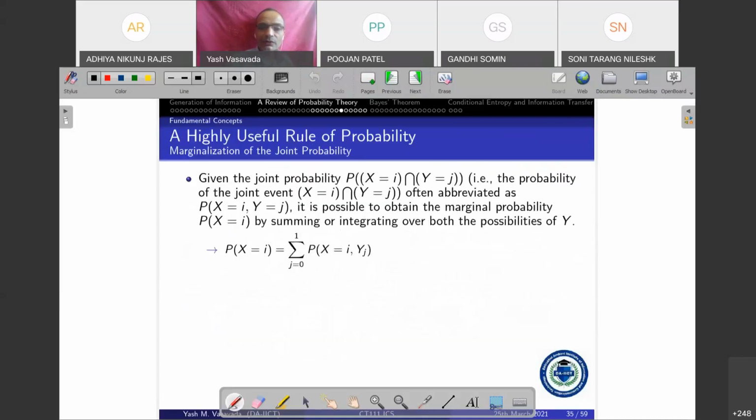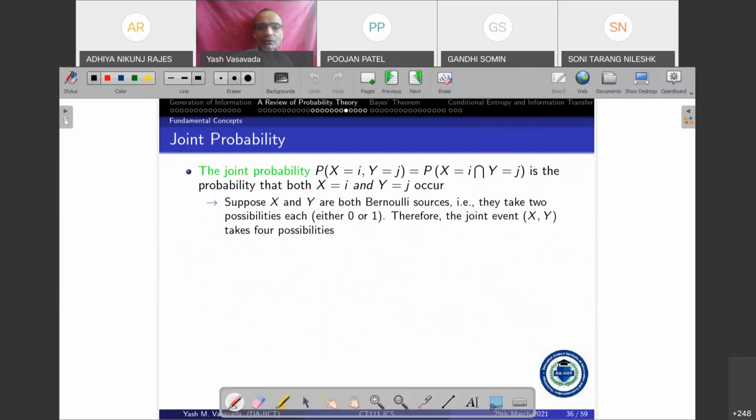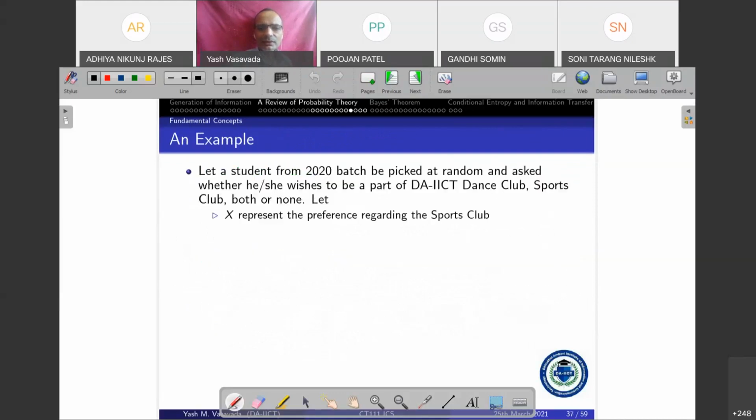But before we do that, I want you to consider one example. This is what I'm giving to you as a thinking assignment. Let us say that somebody takes a poll of your entire batch.